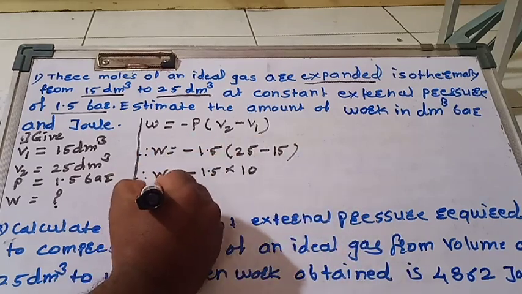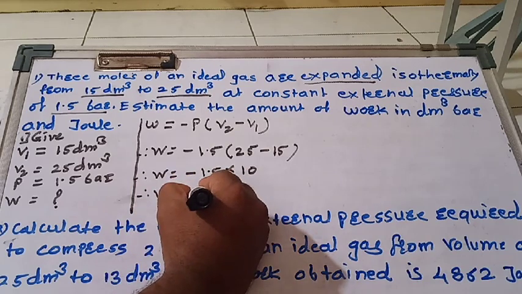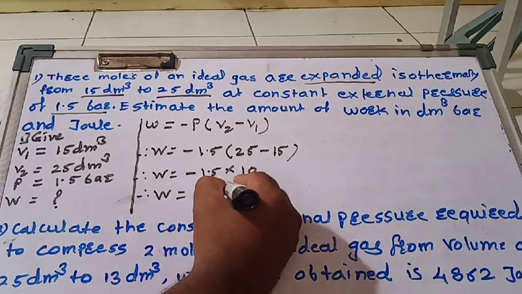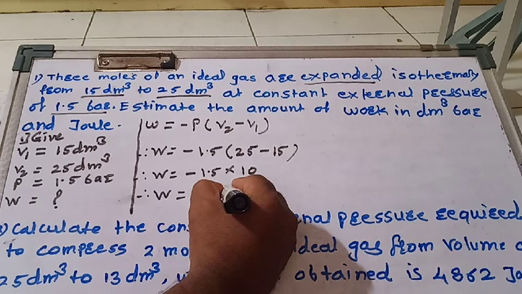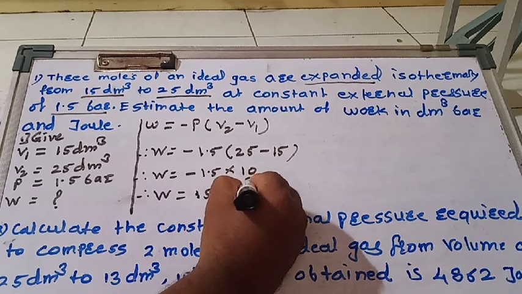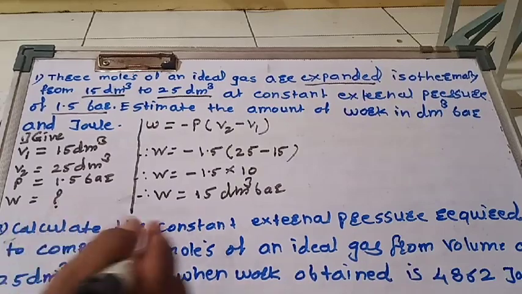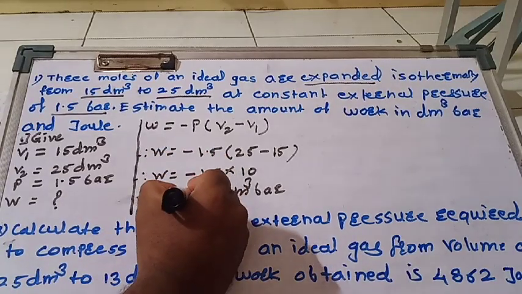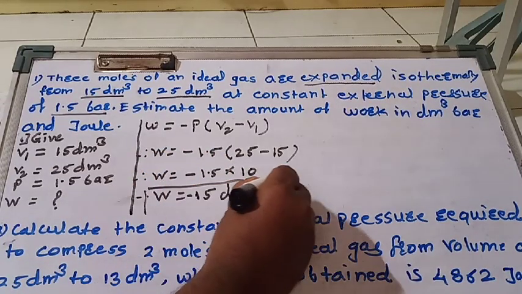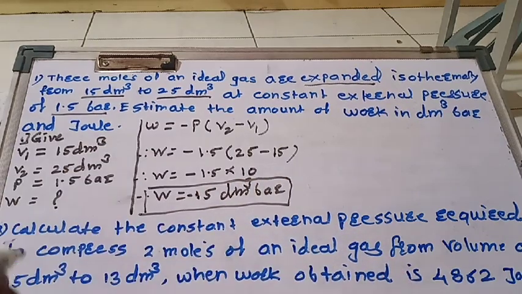This is equal to W is equal to minus 15 decimeter cube bar. Okay, so we got answer, that is minus 15 decimeter cube bar.